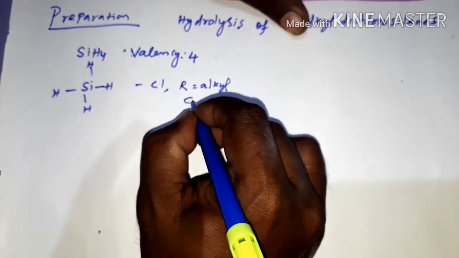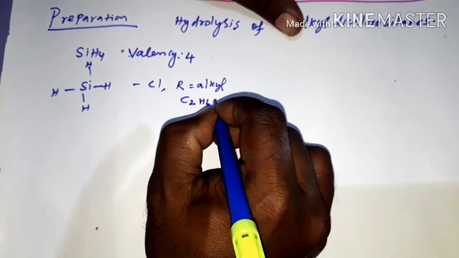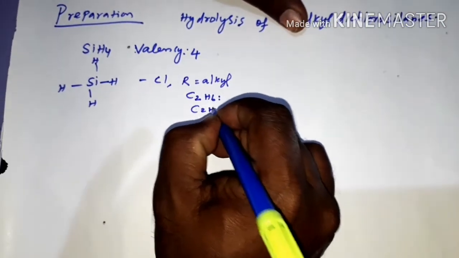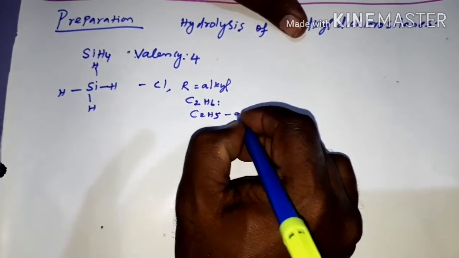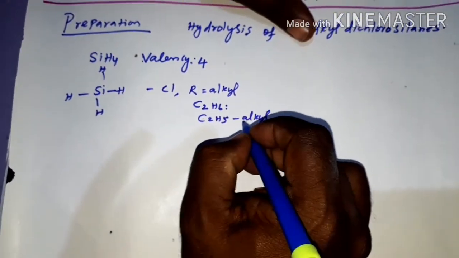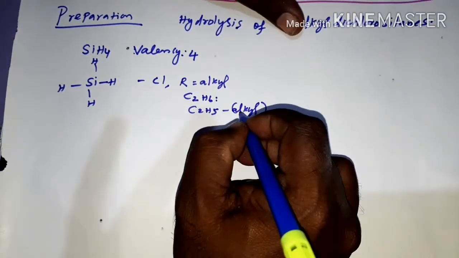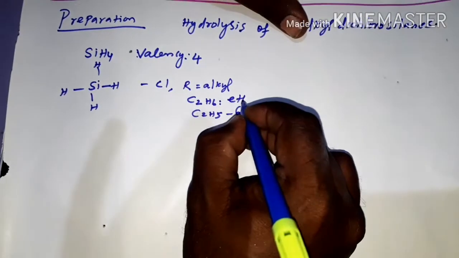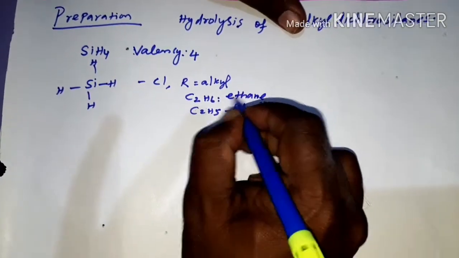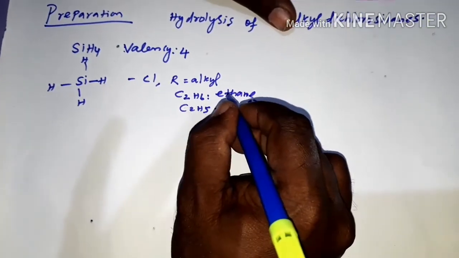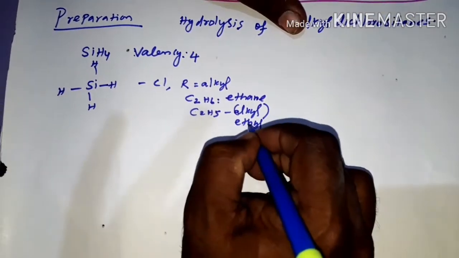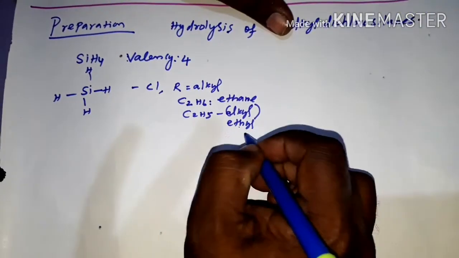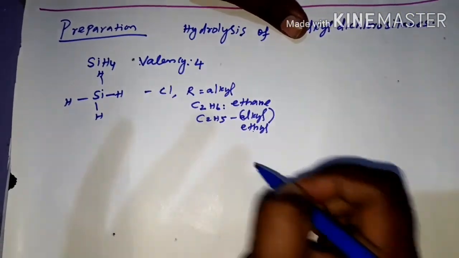For example, ethane is C2H6; if we remove one hydrogen atom we get C2H5, which is called ethyl. So generally we represent alkyl as ethyl, methyl, propyl, butyl, and so on.